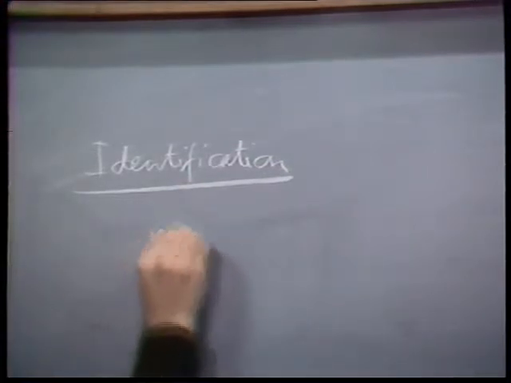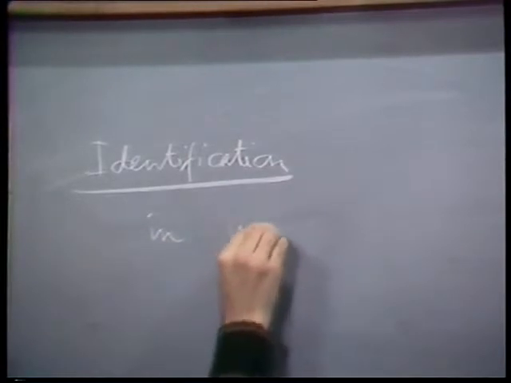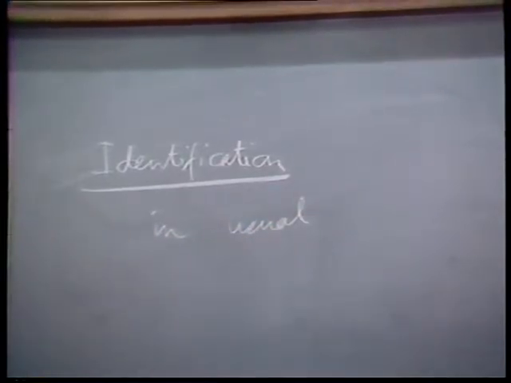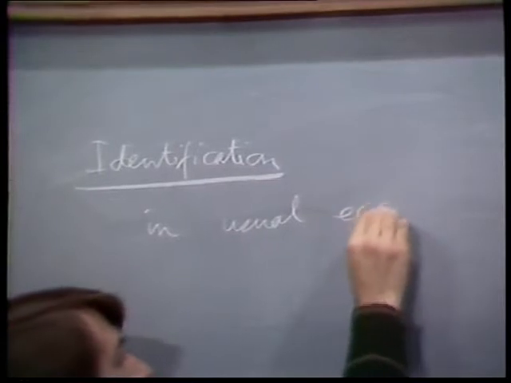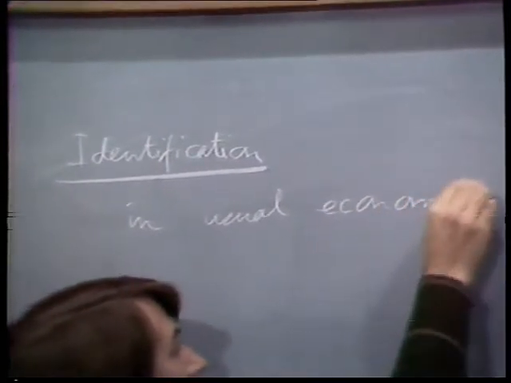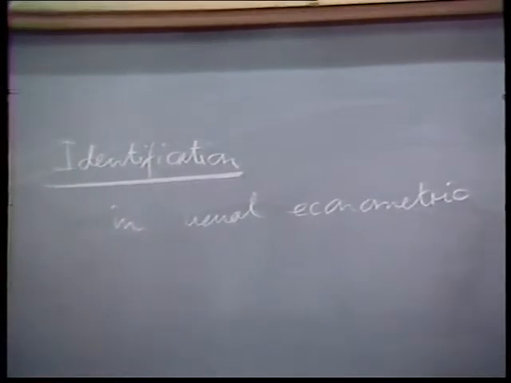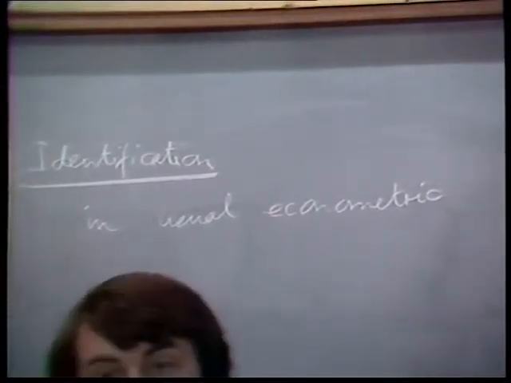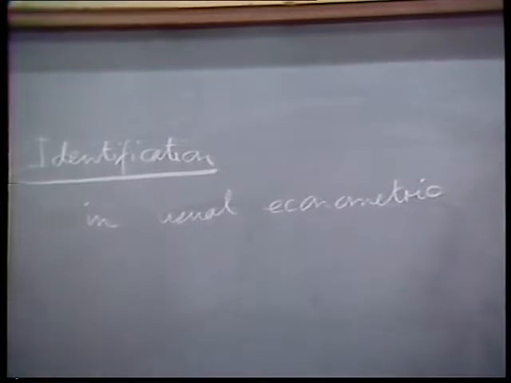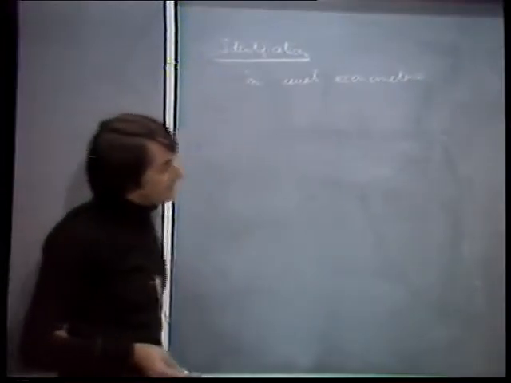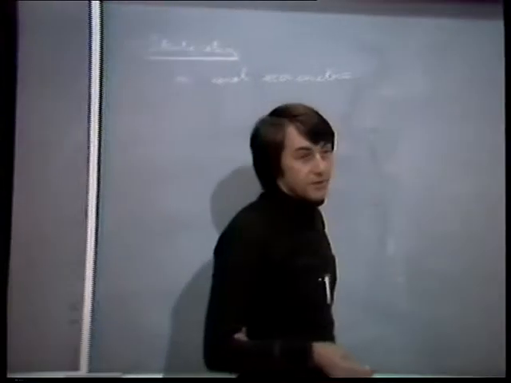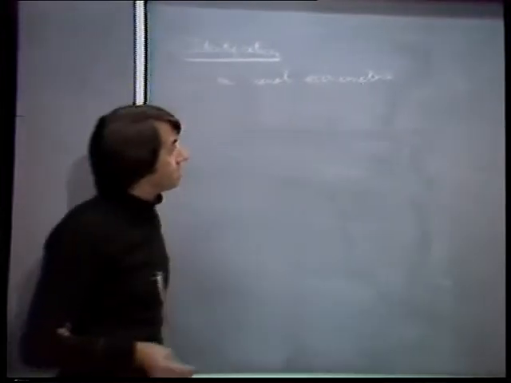And here I want to use identification in the usual econometric sense, rather than the use of identification in time series analysis, which means the determination of orders of lags.